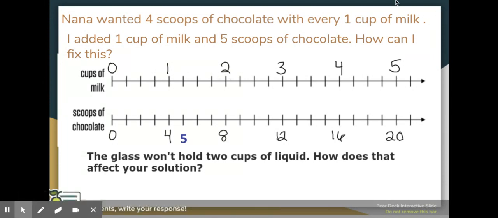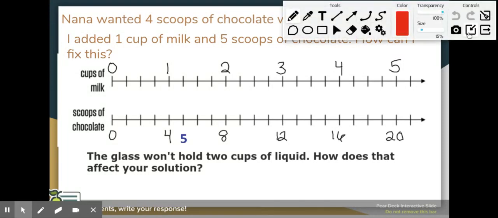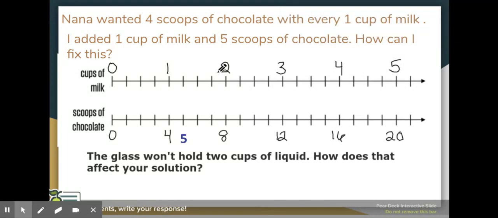So realistically, we would be unable to fill up that glass with 2 cups of milk. So I asked you to think, well, what else is a realistic solution for this problem? We don't really want to start all over. Yes, some of you said grab a different large pitcher, but we want to try to keep it in that same glass.